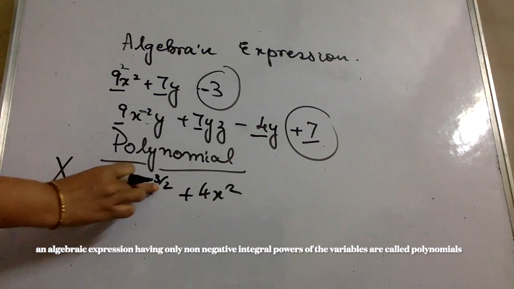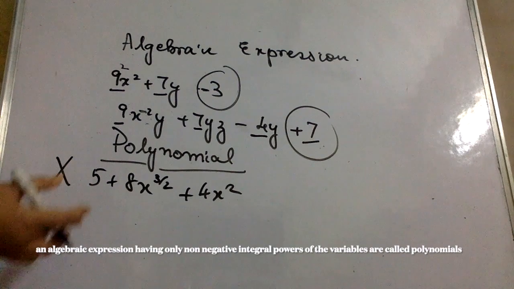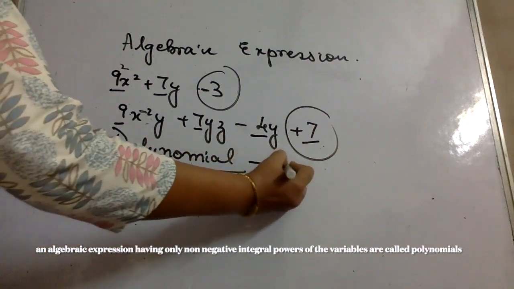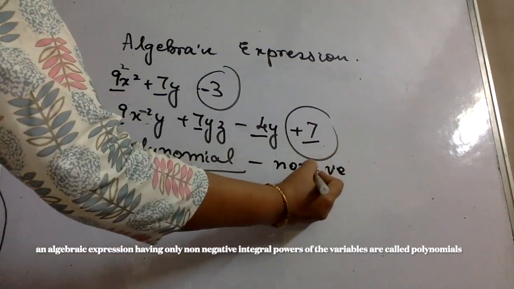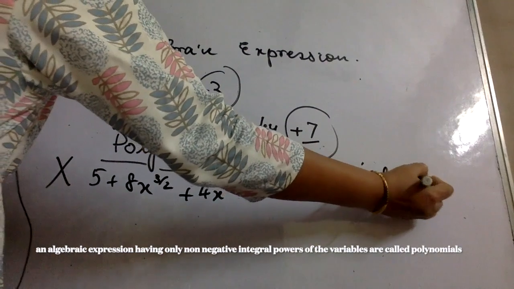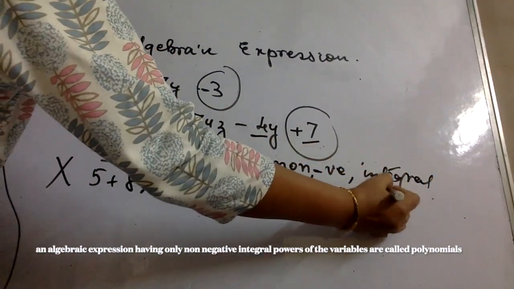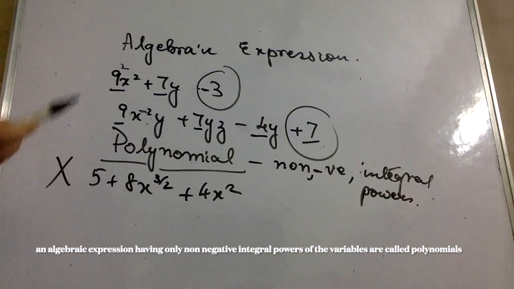Here, this power has become a fractional one. It is not a polynomial because only non-negative integral powers are allowed. Since this word is there, integral means integers.